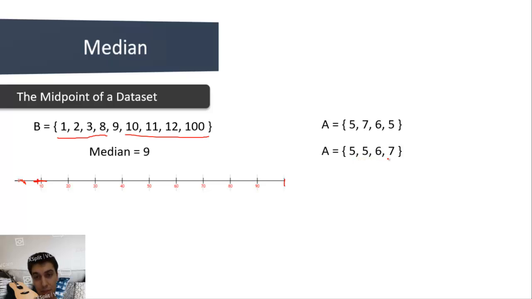It's an even number of numbers. So in these kinds of cases, we have 2 midpoints, 5 and 6. So the median of this set is basically the mean of these 2 numbers. So the median is equal to 5 plus 6 divided by 2, and this gives us 5.5.